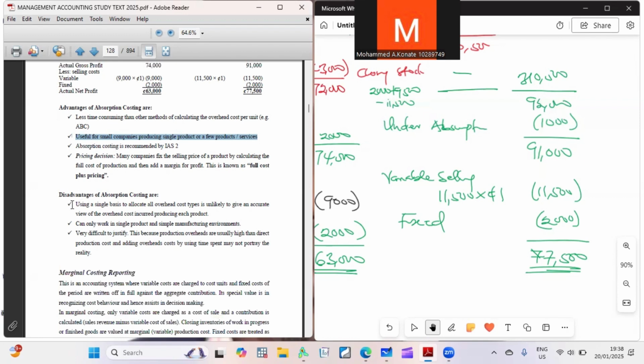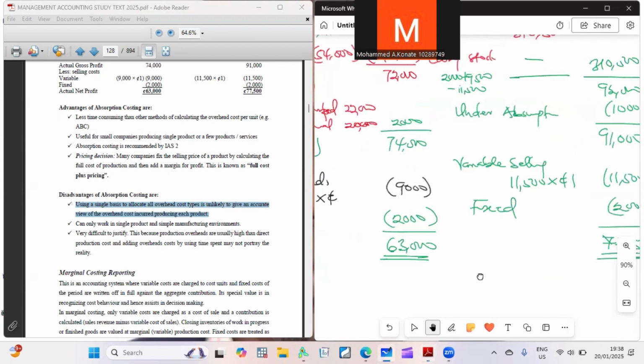But using a single basis to allocate overhead costs is unlikely to give accuracy. This one is just like the blanket, like we studied in the previous lecture, so it doesn't really give accuracy.